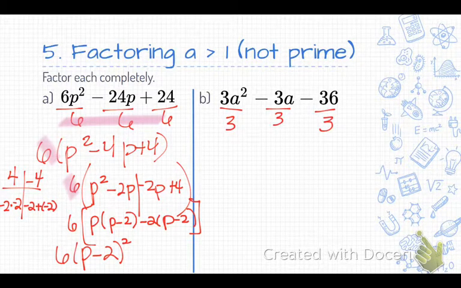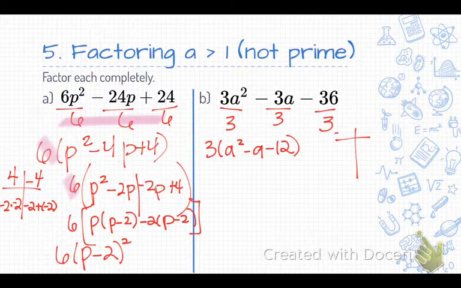Over here, divide by 3. So I have a squared minus a minus 12. So it multiplies to negative 12 and adds to negative 1. I have 3 more minutes, so please focus. Negative 4 and 3. Negative 4, positive 3.